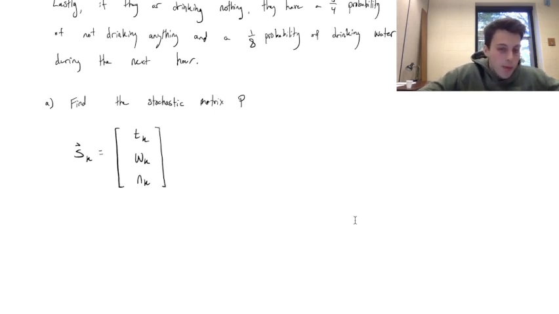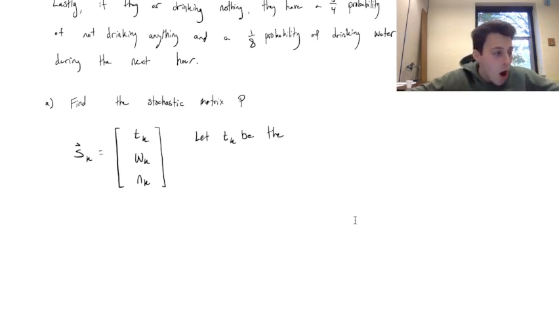These values represent the entries of the vector. So let t_k be the probability that you are drinking tequila on hour k.